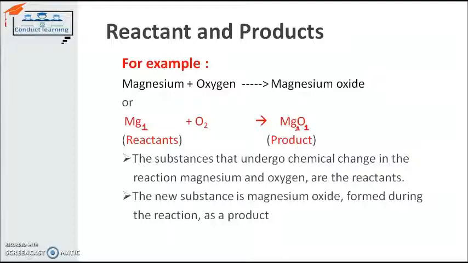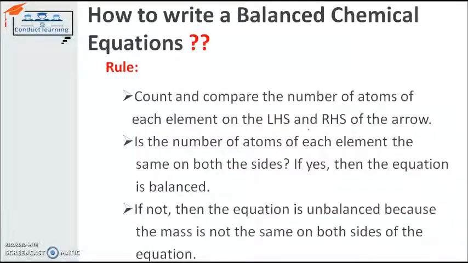So this is the way to count the number of atoms. Counting and comparing the number of atoms of each element on the left-hand side and right-hand side of the arrow is the rule to start balancing an equation.